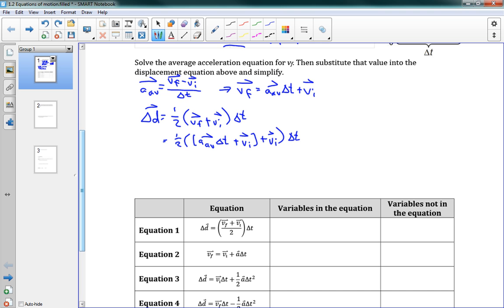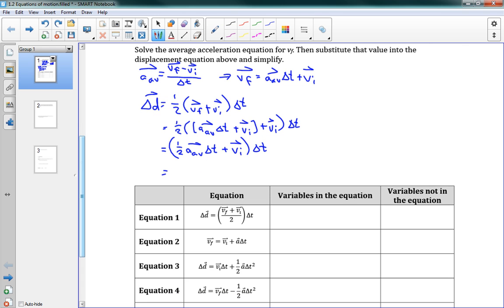So I have 1/2 times a average delta t. And then I have 1/2 times vi plus vi. So 1/2 times 2vi, this just becomes vi. And all of this again is being multiplied by delta t.